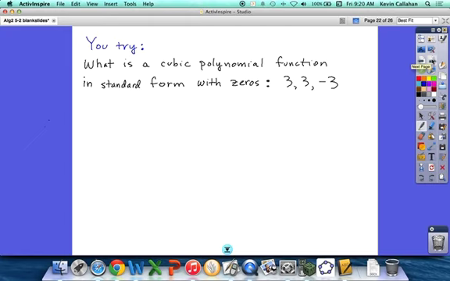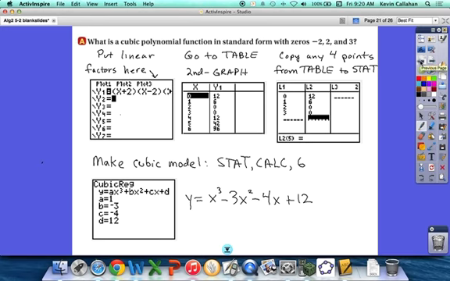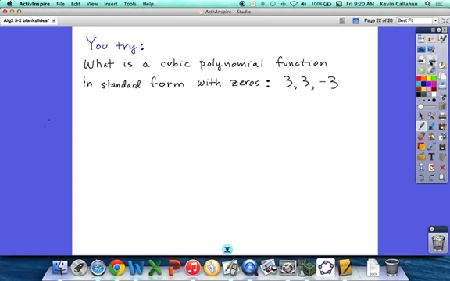So try to do the same thing with this one, right? Just the way I did it right there. Turn those zeros into their linear factors and put them on the y equals line. Right. What are the linear factors going to be?